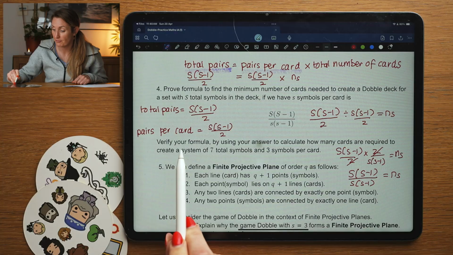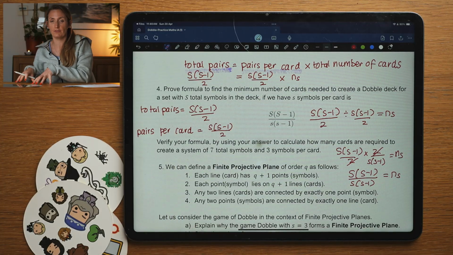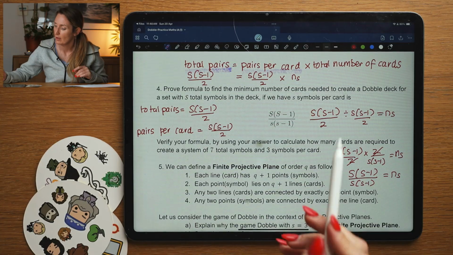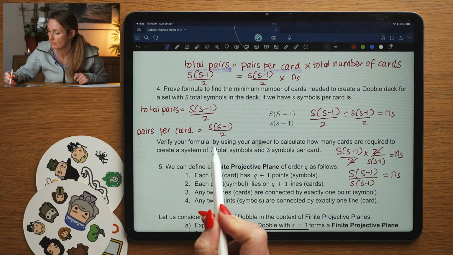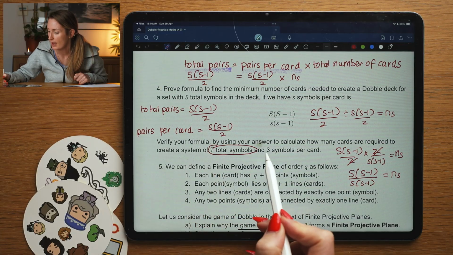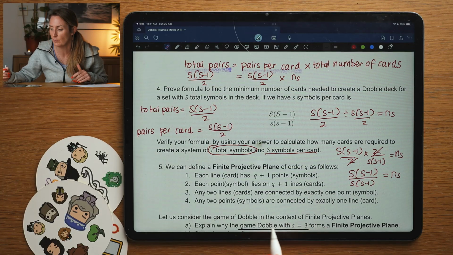Now, it says verify your formula. So we're going to see if what we think is the formula works for the data we've got by using our answer to calculate how many cards are required to create a system of 7 total symbols and 3 symbols per card. Okay, so that's actually what we've been dealing with so far.